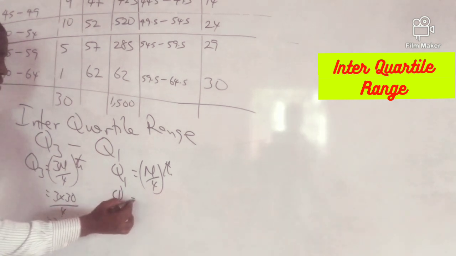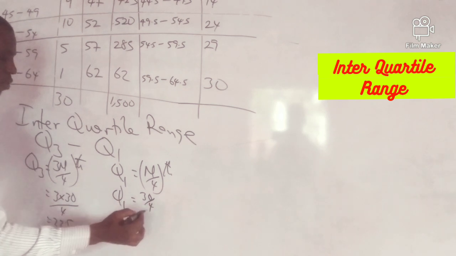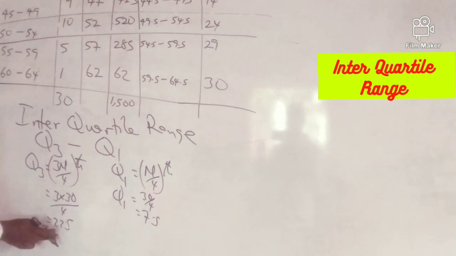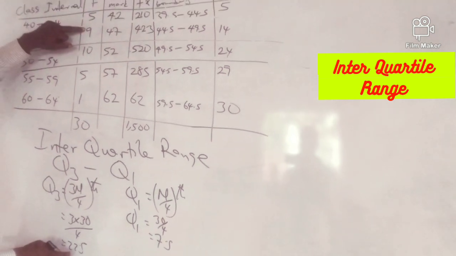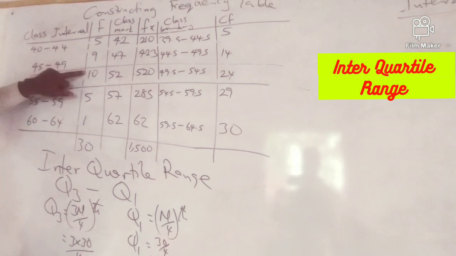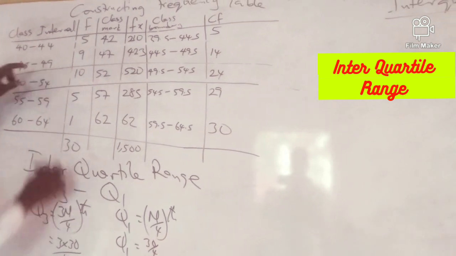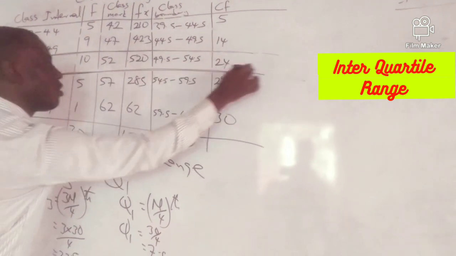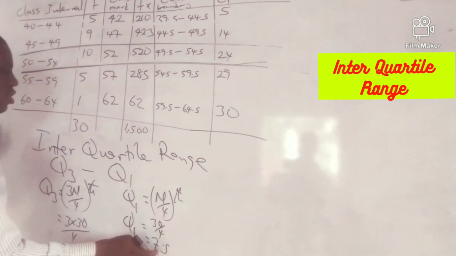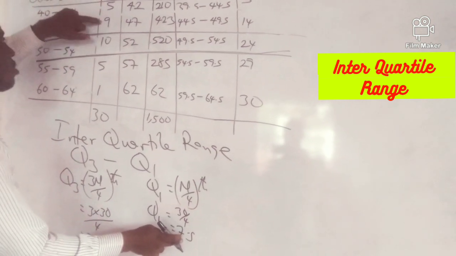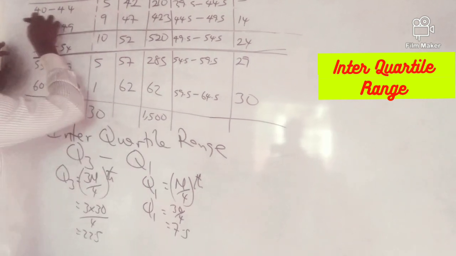And your Q1 is 30 over 4, that's 7.5. You get this here, 5 plus 9 plus 10, and this is our upper quartile class. And 7.5 falls here, with 5 plus 9.